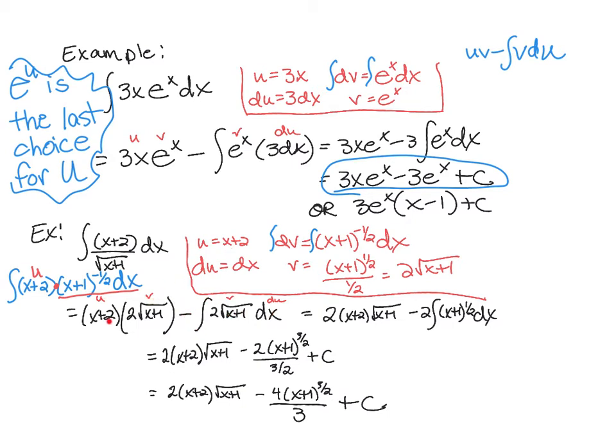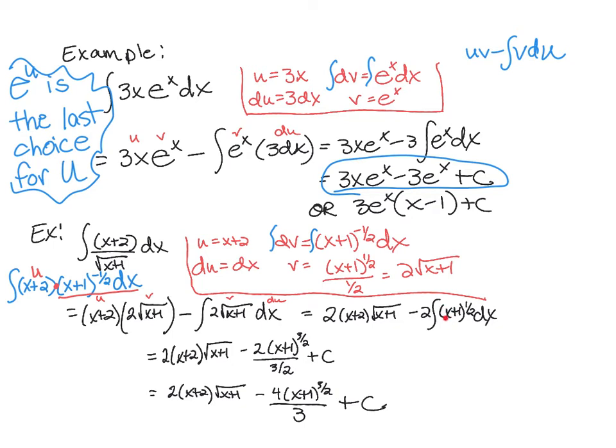So the u was the x plus 2, the v was 2 square roots. This piece is done. I'm just going to write them in an order that looks nice. Minus the integral, copy v, copy du. That 2 can pop out front, and I see that square root over here as blob to the 1/2. This is the last integral that I have to do, and it's almost the exact same thing that I did up here. The only difference is the power.